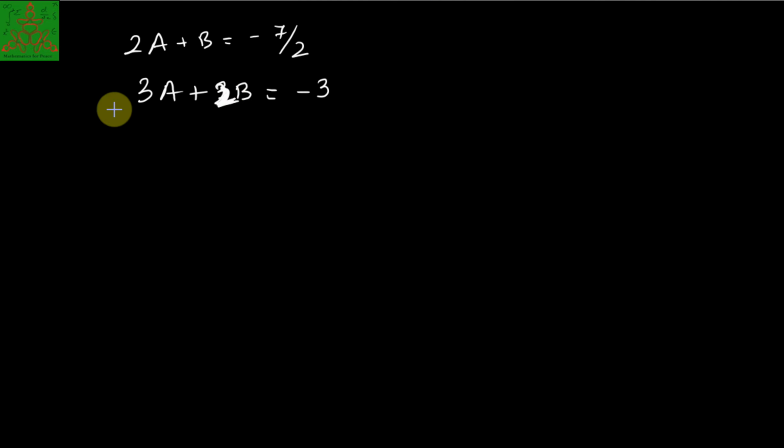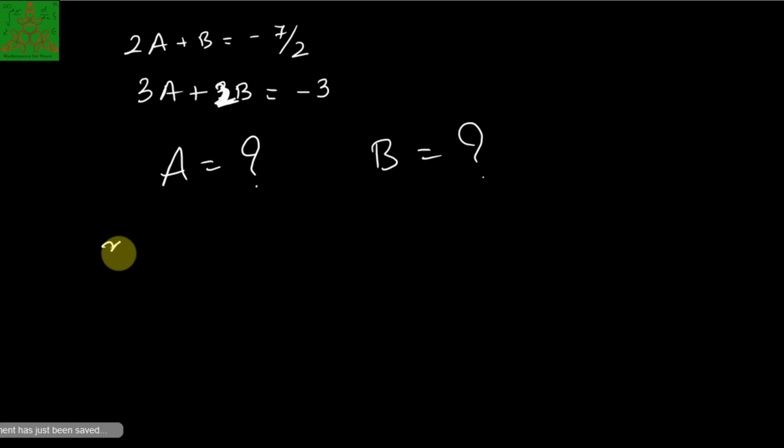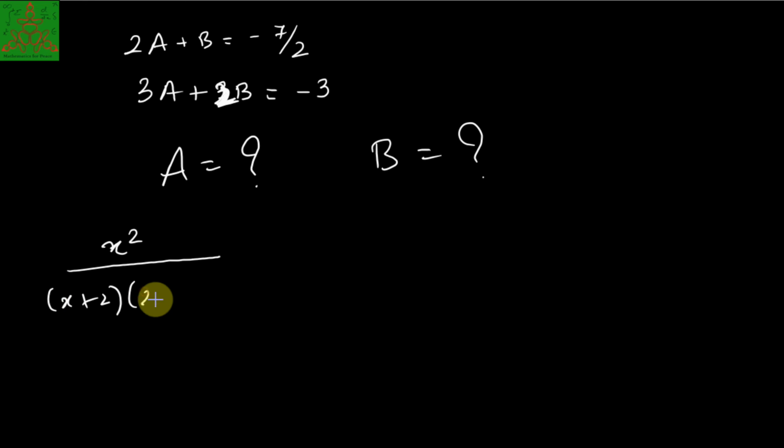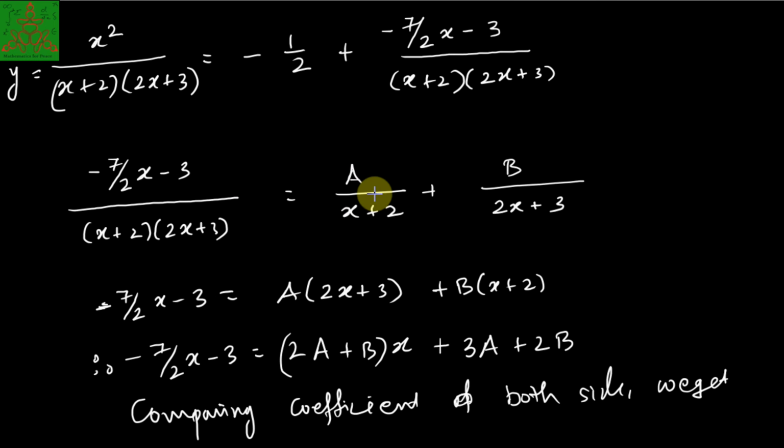Now if you want to simplify these two things, you have to do some calculation, but I will write down the quantity that I got by finding the value of a and b. That is easy to calculate from these two linear equations, and you can check that x square by x plus 2, 2x plus 3 can be represented now, because once you have the value of a and b, you substitute that value here.